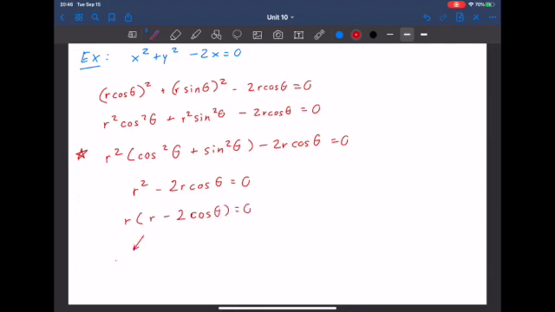So this gives r equals 0, or r minus 2 cosine theta equals 0. r equals 0 is the equation of the pole, which is the origin.